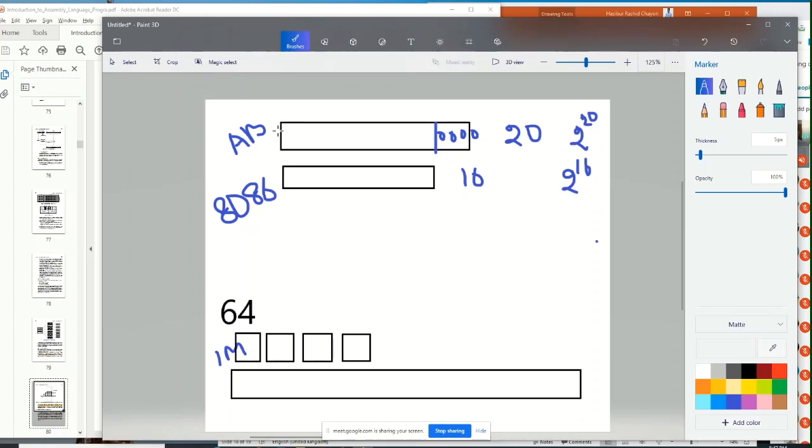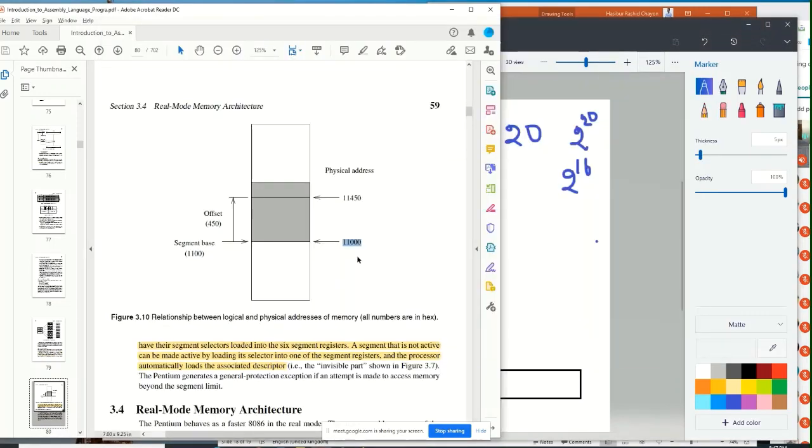So the first 16 most significant bits will be our address, and the other 4 least significant bits will be 0000. That's how we can convert from logical to physical, and also from a 16-bit register into a 20-bit register.